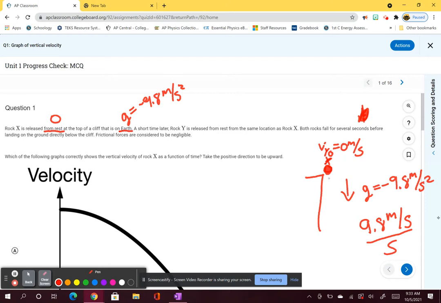Since the rock is going down and acceleration is negative going down, since they're both going down, it's going to end up increasing. So we need to find a graph that shows the rock is increasing, and since the positive direction is upward, it's increasing in the negative direction.